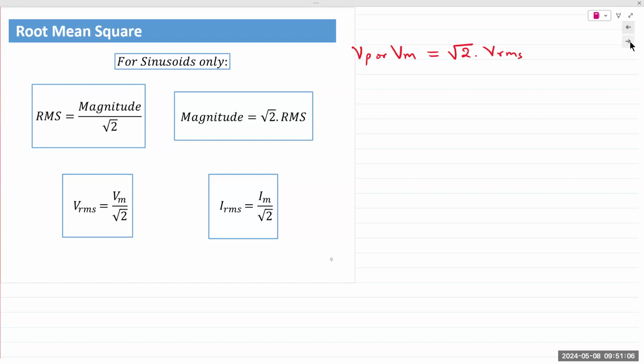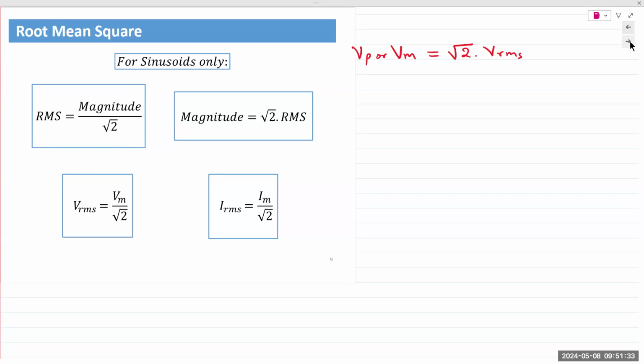So if we state one single value for our power outlets, it's RMS, absolutely, always RMS. All meters, everything that you use to measure the voltage or current, will always give you the answer in RMS, never peak.